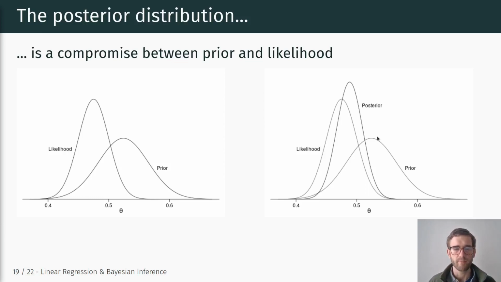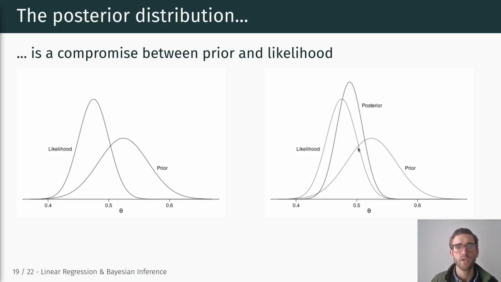Okay. And we also have to keep in mind that the location and the precision of the posterior depends on the precision of the likelihood and the prior, as well as the uncertainty around the likelihood and the prior.